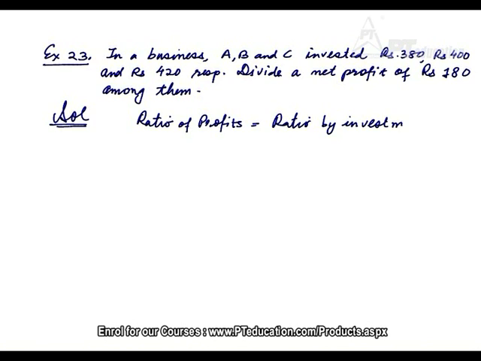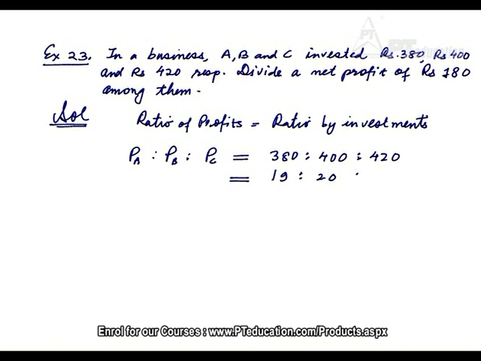So the ratio of profits for A is to profit for B is to profit for C will be the ratio of their investments, which will be 380 is to 400 is to 420, which can be further simplified and written as 19 is to 20 is to 21. Just divide by 20 throughout and you will get 19 is to 20 is to 21 as the simplest integral expression of this ratio.